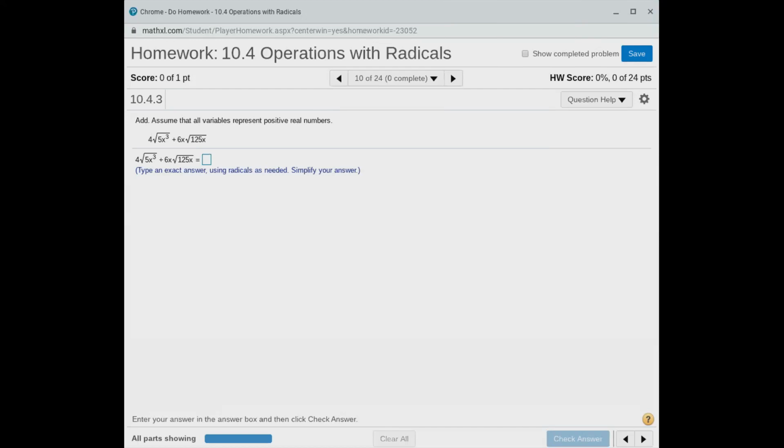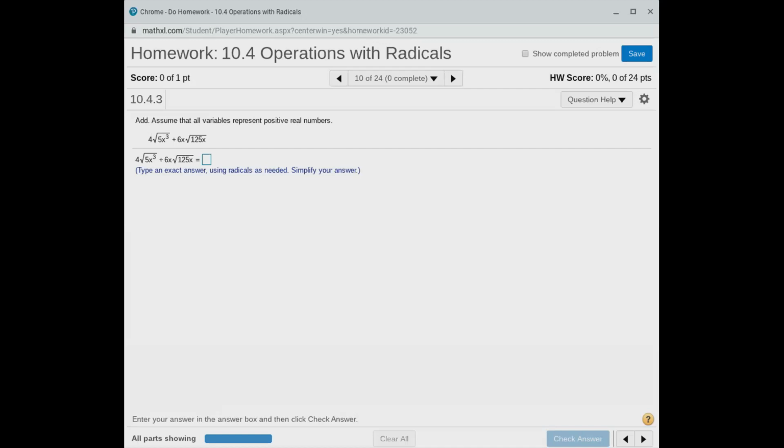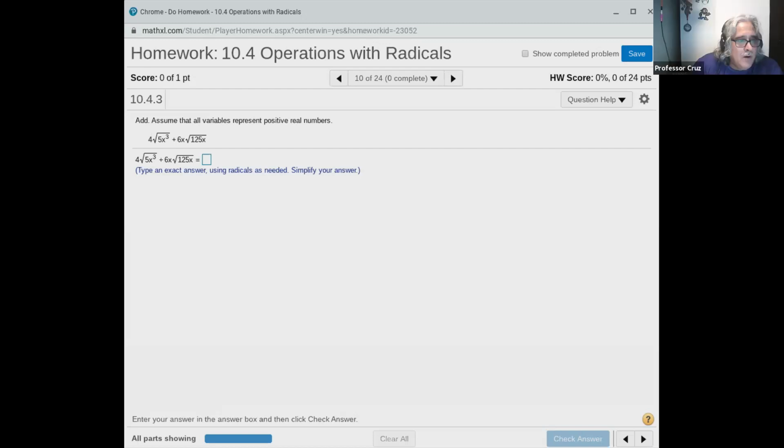So we have to break down the 125. Yes, yes. And that x cubed. Yeah. So that would be 5 times 25. Uh, yeah, 5 times 25 times 5, right?